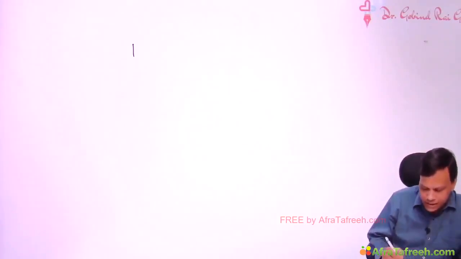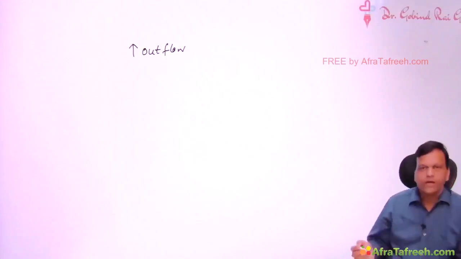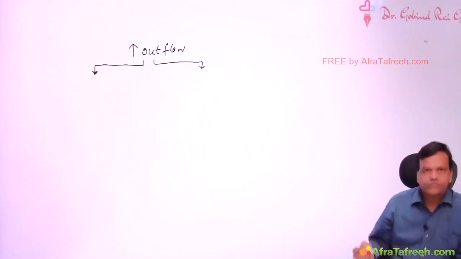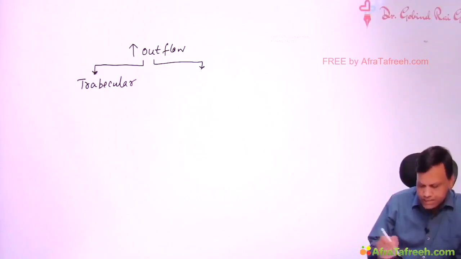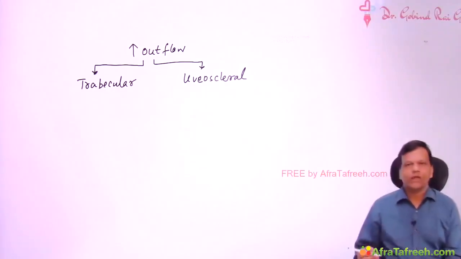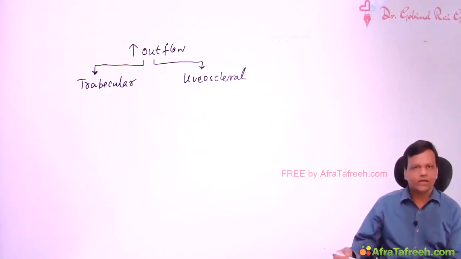Then coming to drugs which can increase the drainage, increase the outflow. Now aqueous outflow can be increased by two main types of drugs. One which increases the trabecular outflow, and second which increases the uveoscleral outflow. Now after the formation of aqueous humor, it is drained by two pathways.